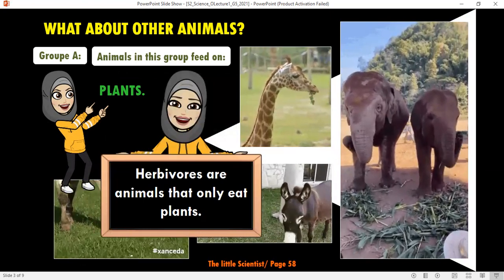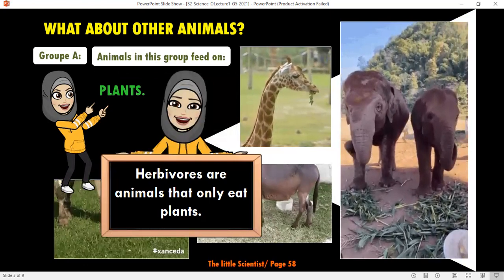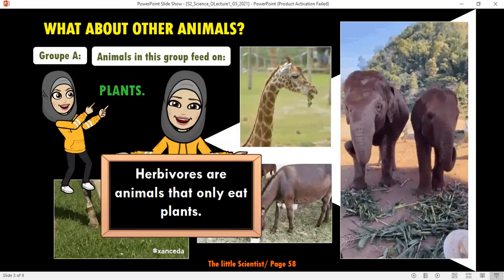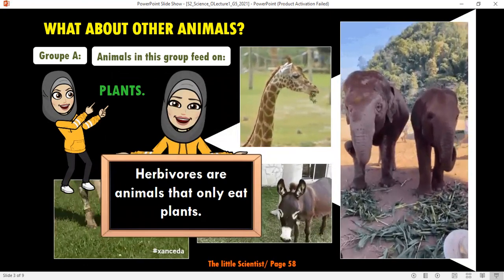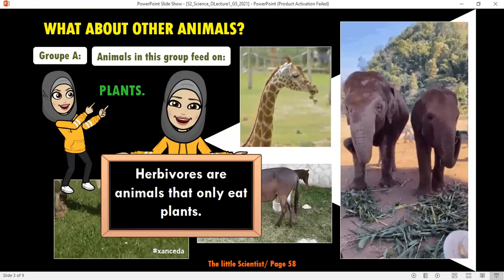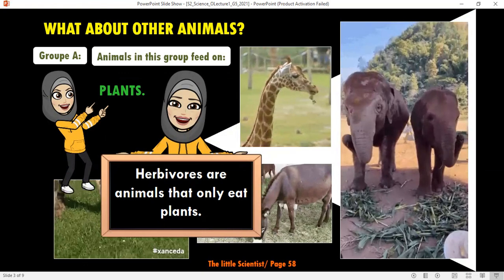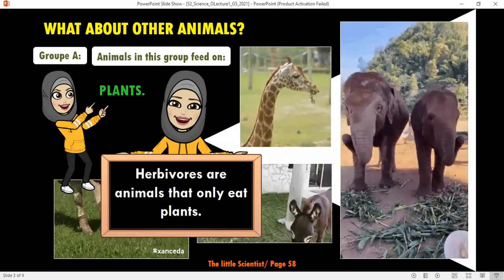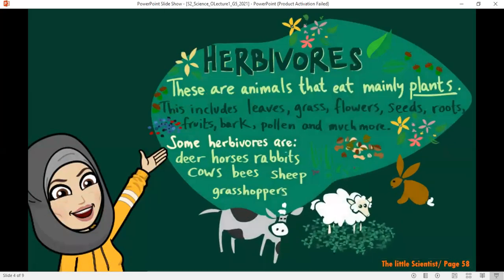herbivores. Herbivores are the animals that feed mainly on plants. What are some examples of herbivores? Elephants, giraffes, donkeys, cows, sheep, and I know that you know more examples. Again, herbivores are animals that feed mainly on plants.